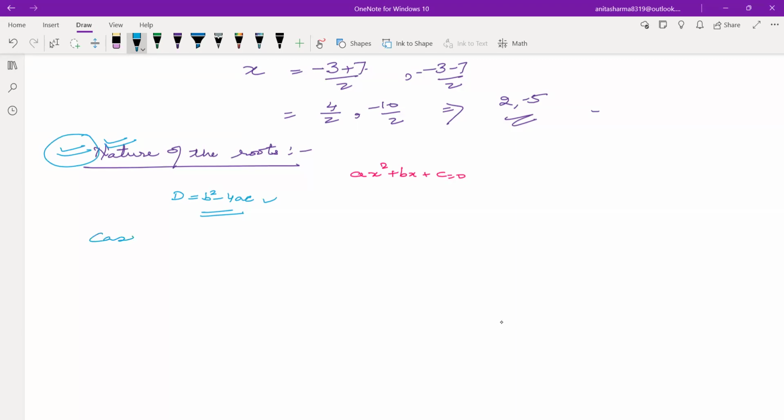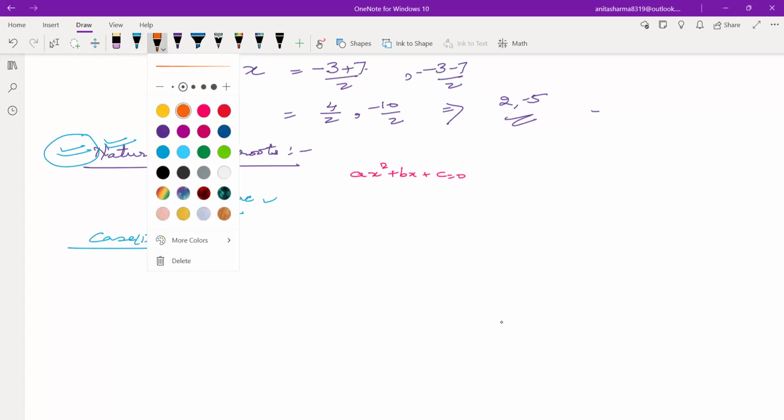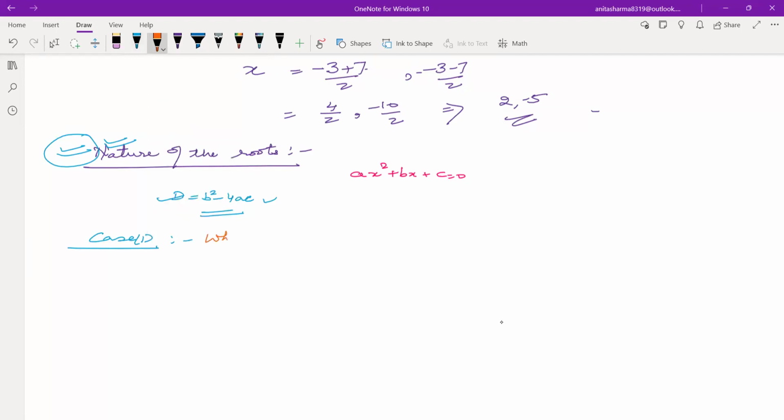There are three cases which depend on this discriminant. When discriminant is greater than 0, it means the value of discriminant comes positive, plus 5, plus 10, plus something else, then roots are real and different.